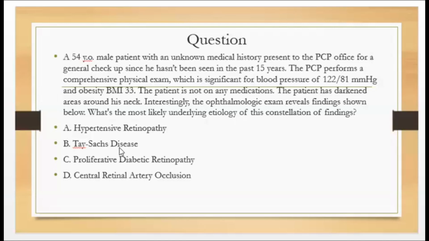So if you look at this question, it's just asking you about complication. It can be a hypertensive complication, it can be a diabetic complication. So which complication is it talking about?